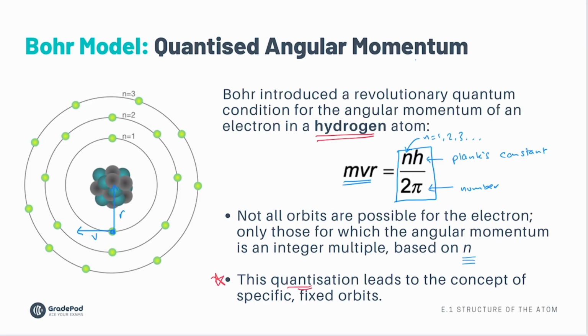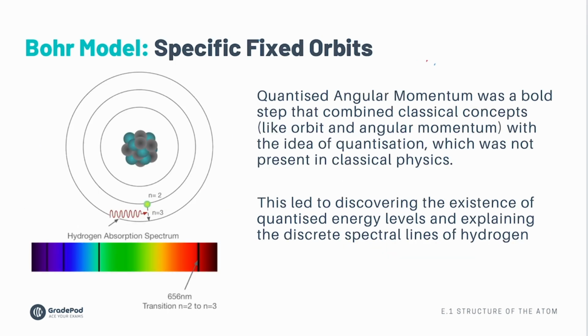What does quantized mean? It means packets. It means fixed values. And that led to Niels Bohr considering specific fixed orbits. Of course, once we have specific fixed orbits, that means that when they move between these orbits, like this, or like this, or like this, they lose packets of energy, or they gain packets of energy.